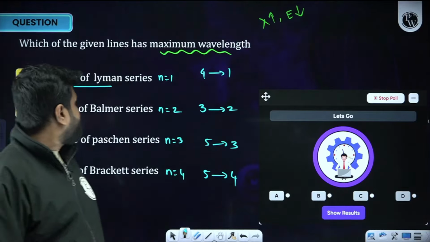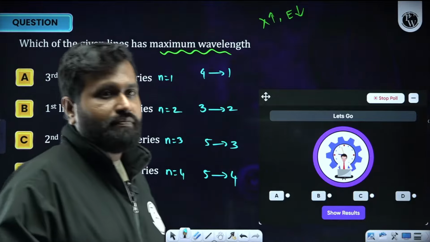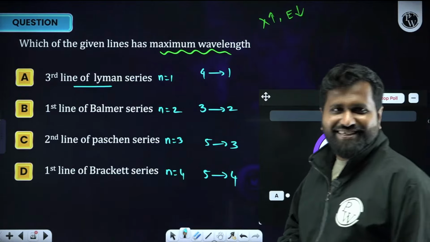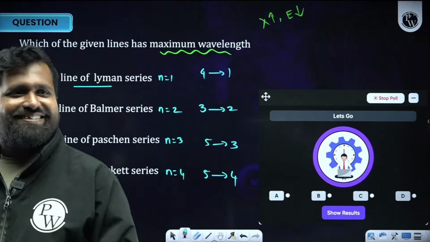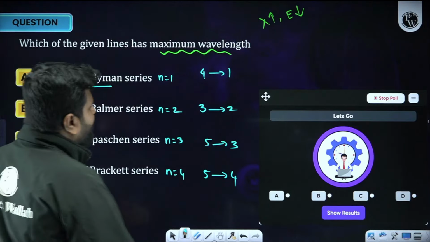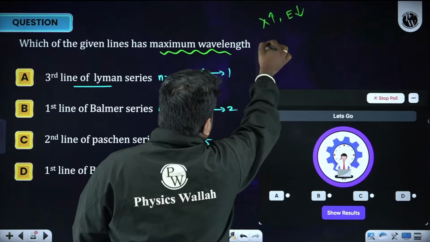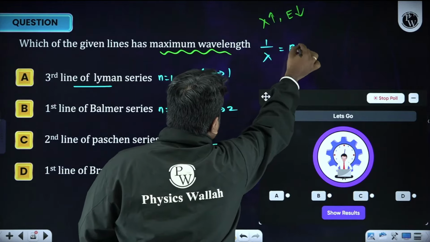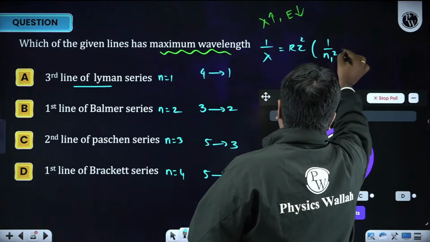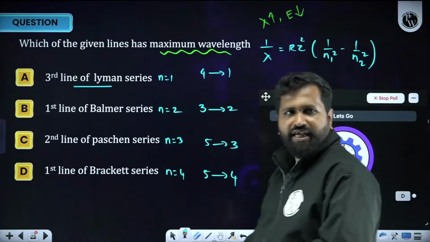So automatically, with the help of this formula, 1 by lambda is equal to R z square, they didn't tell anything, so 1 by n1 square minus 1 by n2 square, we can calculate.